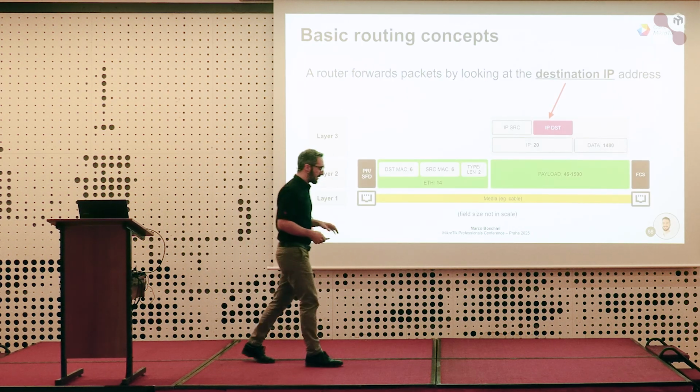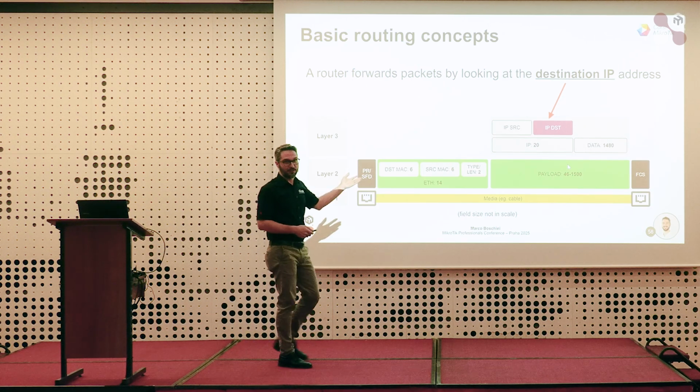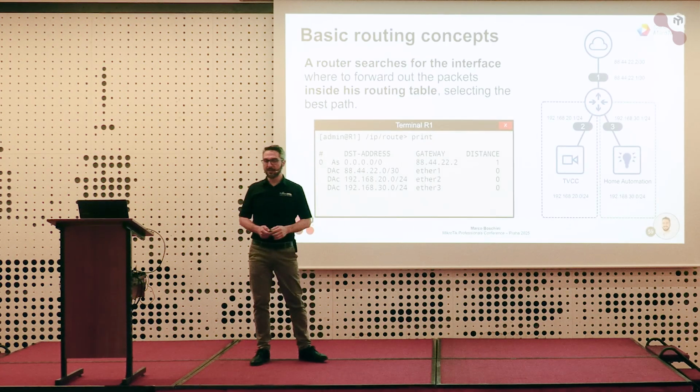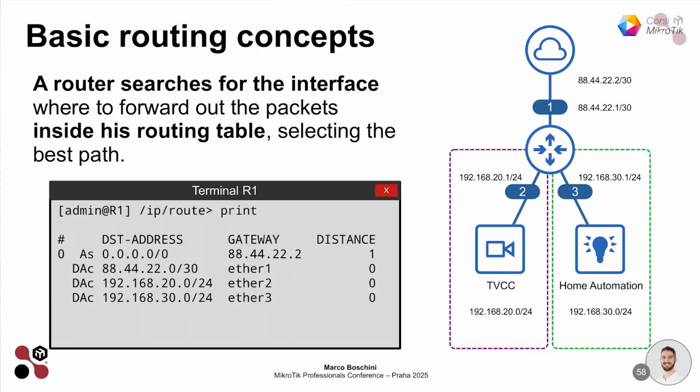So we are going to discuss some basic routing concepts before introducing the solution. A router forwards packets by looking at the destination IP address at level 3. A router searches for the interface where to forward the packets inside its routing table, selecting the best path.